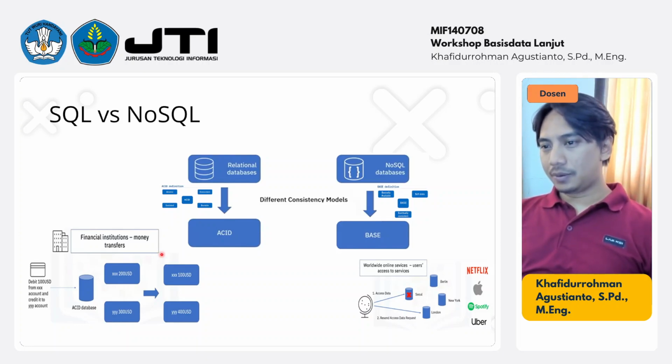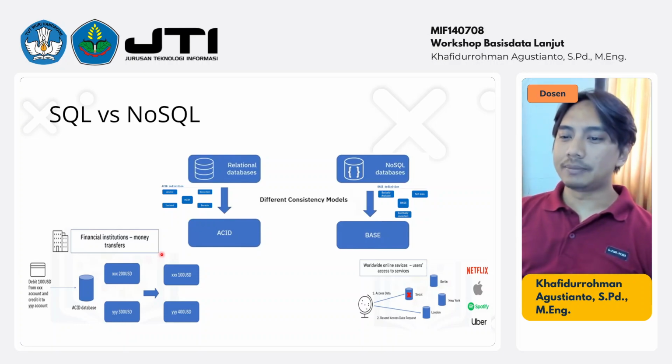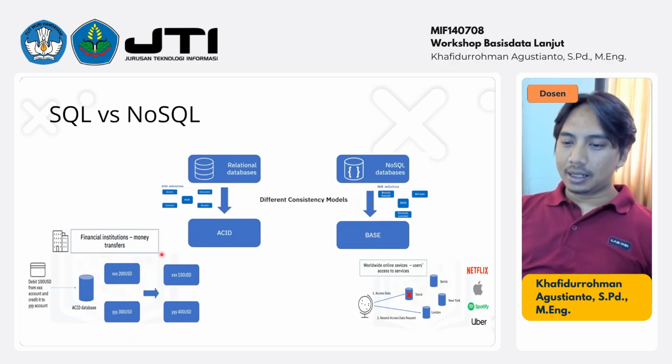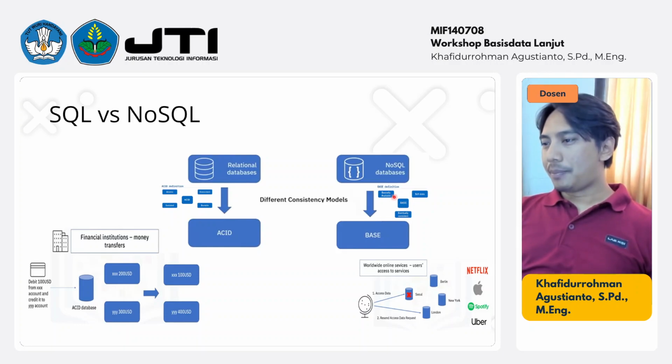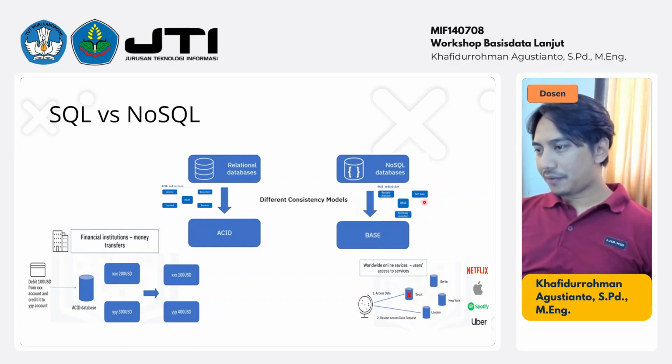If you build an application for a financial institution, you should use relational databases. Then the NoSQL database is based on BASE: basically available, soft state, and eventually consistent.